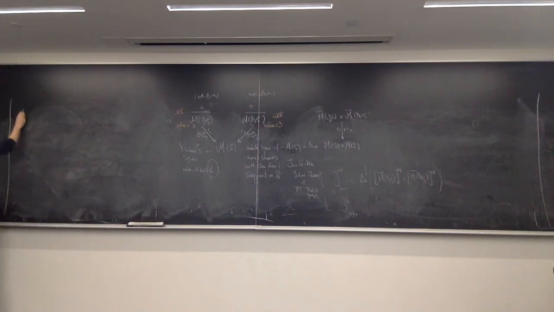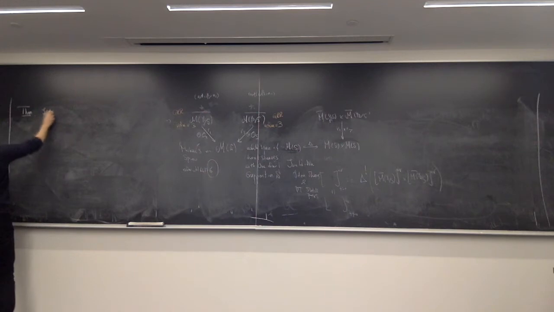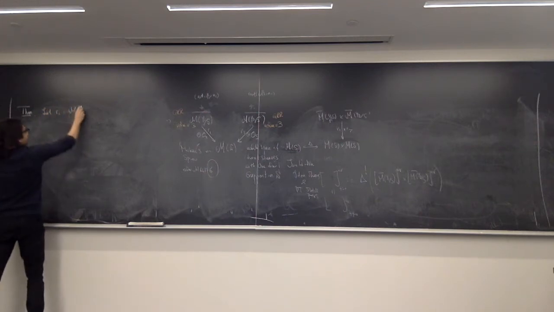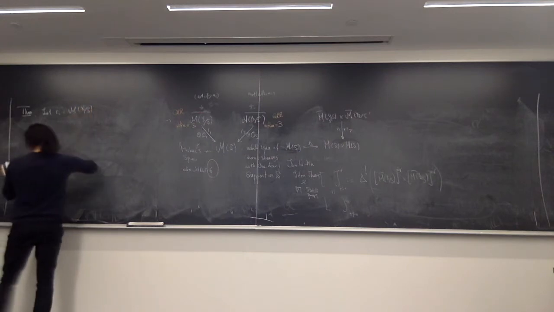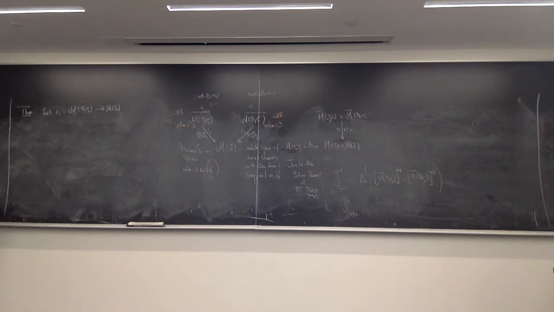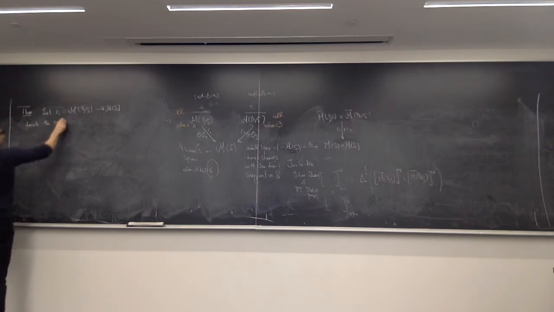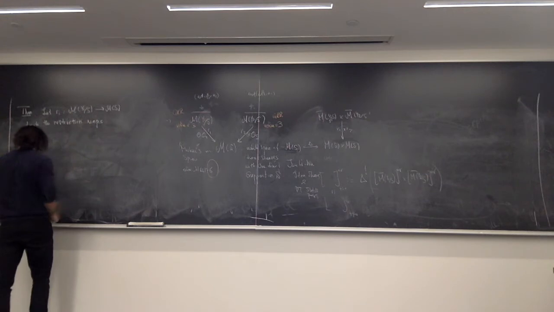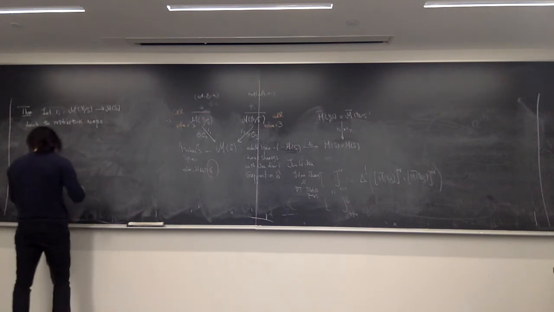So we have a theorem: let Ri, the restriction maps, M of yi over S to M of S, denote restriction maps, which are embedding maps, in fact.